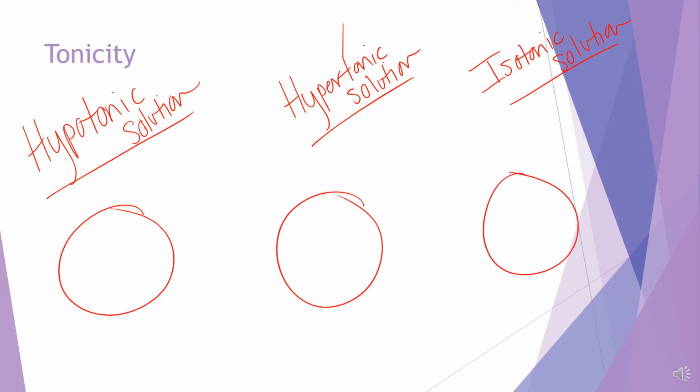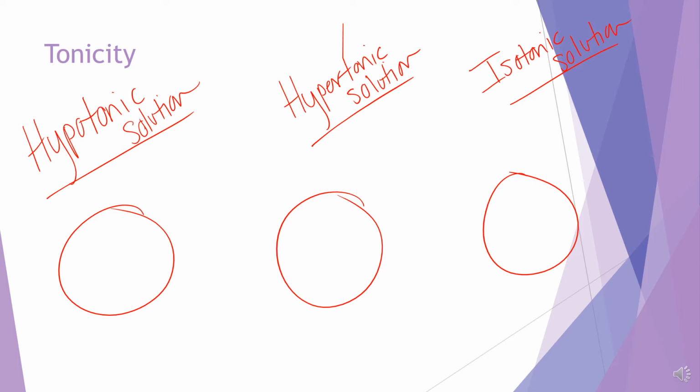So a hypotonic solution describes the solution that's outside the cell. So the solution is made up of the solute and the solvent. So the solvent here is going to be water, and the solute could be glucose molecules, it could be salt molecules.